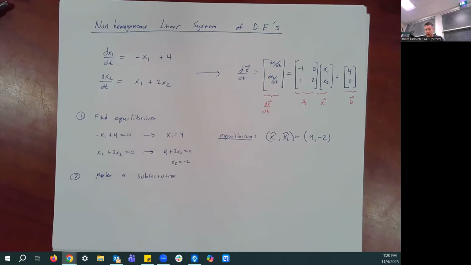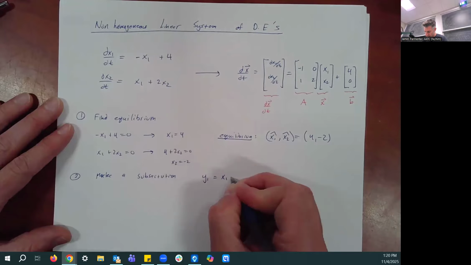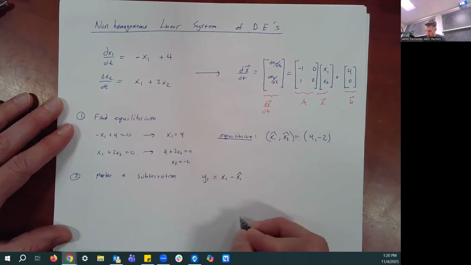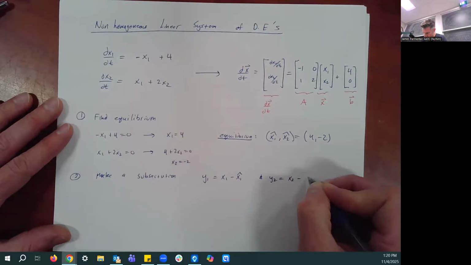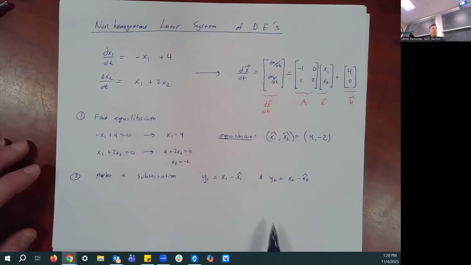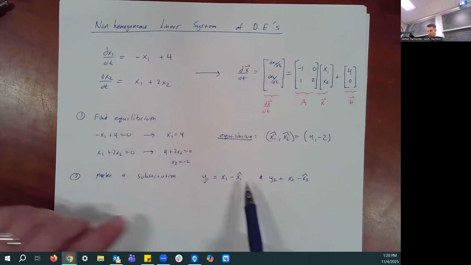So we're going to say y1 is equal to x1 minus the x1 equilibrium, and y2 is equal to x2 minus the x2 equilibrium. Because the equilibrium for this one should be 0, 0, because the equilibrium for x1 and x2 is 4 and negative 2.